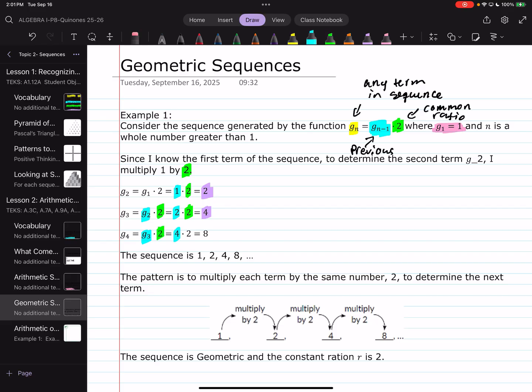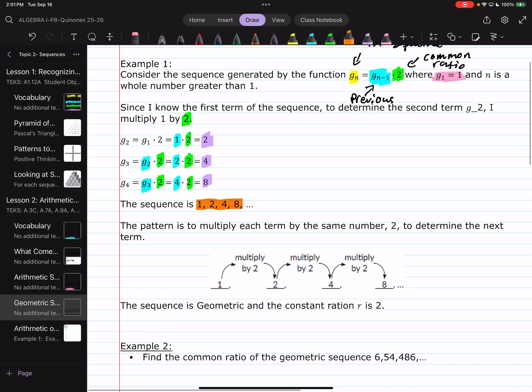The third term we just established was 4, and we multiply it by the common ratio, which is 2. This gives us 8. So our sequence is laid out exactly like this: 1, 2, 4, 8, so on and so forth. That is how we do geometric sequences. Okay.